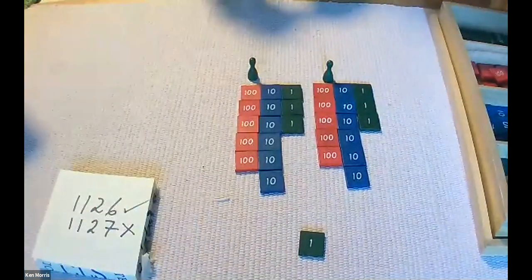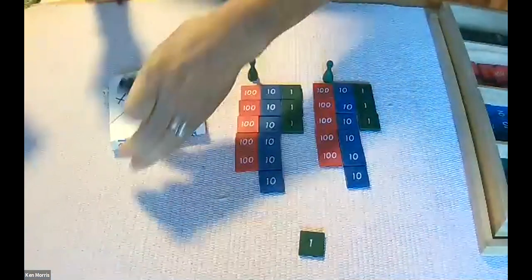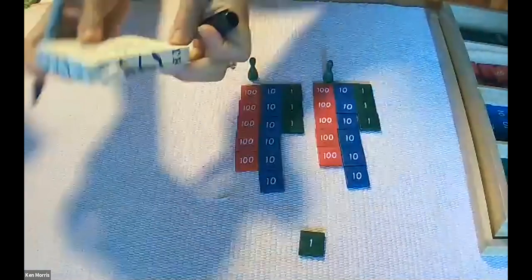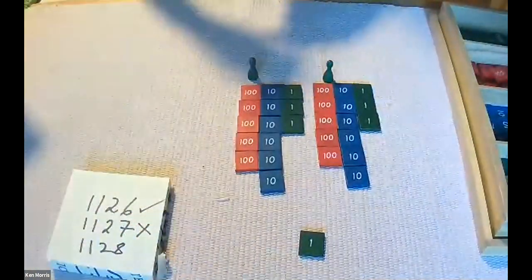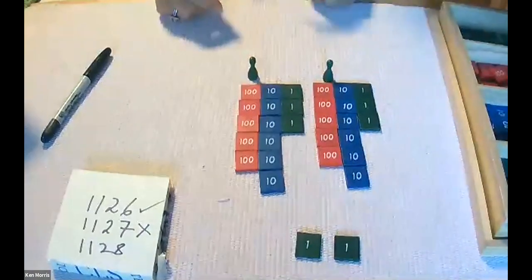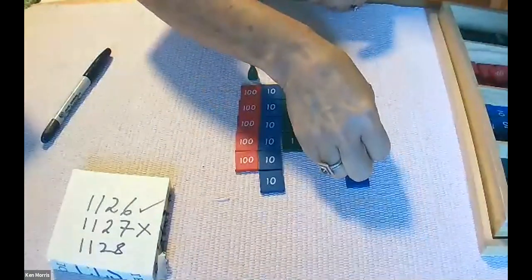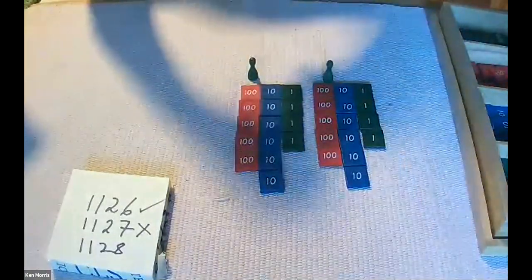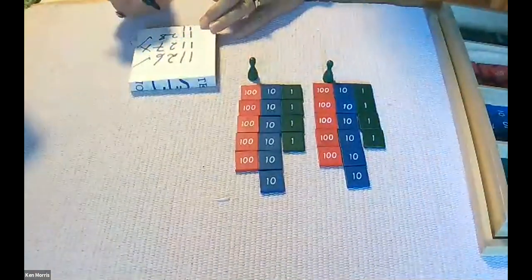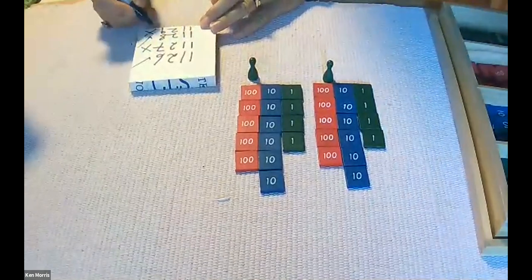Okay, now let's try 1,128 and see if that works. And do you think it does? Of course it does, because we can now distribute equally. So 1,128 works beautifully. What about 1,129? You said it, it does not.